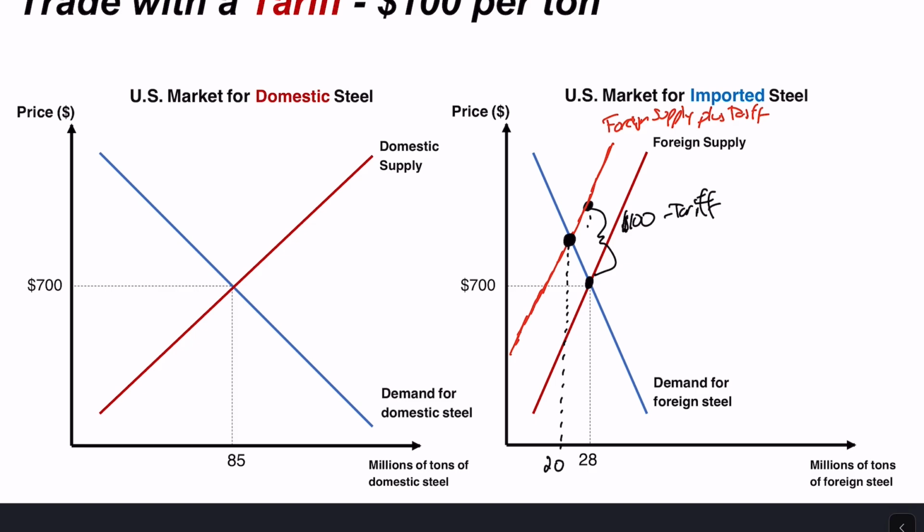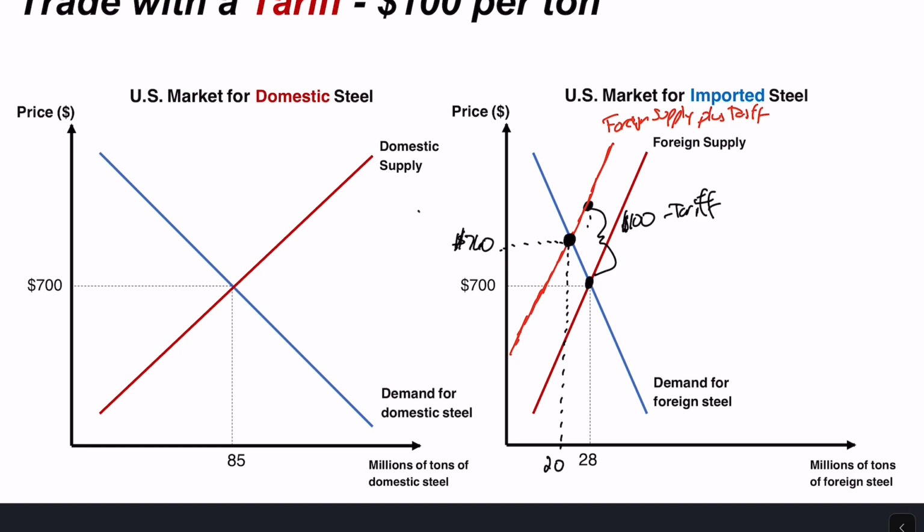Now the prices. So this price here, we'll take our quantity, 20, after the tariff up to the original demand curve and come on over. And let's say that that is a price of $760.